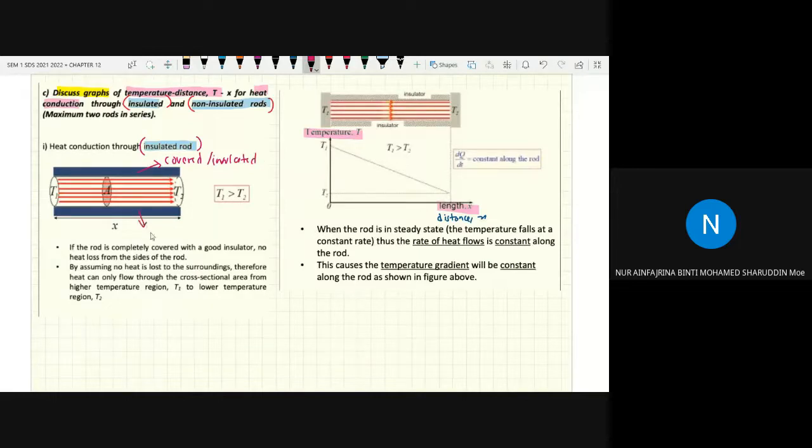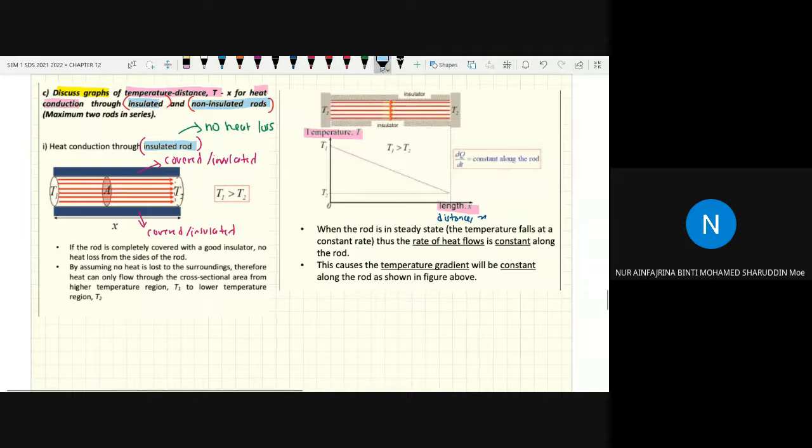Your rod is covered ataupun insulated. So bila dia insulated rod ni, benda pertama yang kena datang dekat your mind adalah no heat loss. No heat loss. Ini sangat penting. So bila dia insulated rod, maksudnya dia adalah no heat loss.